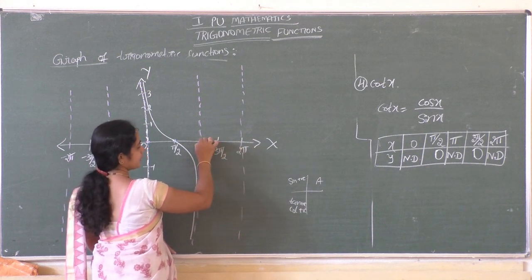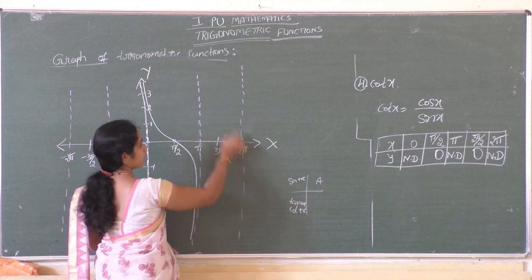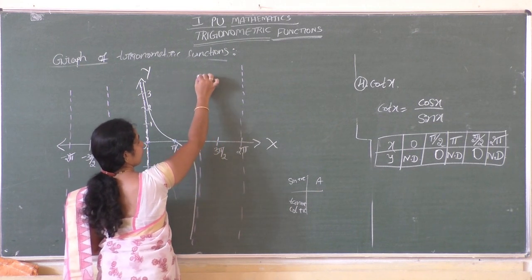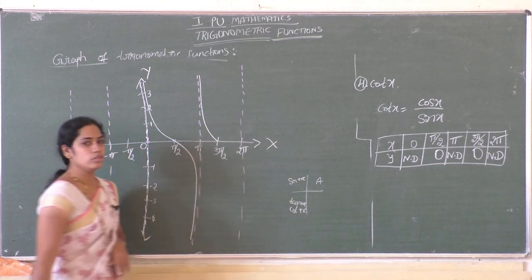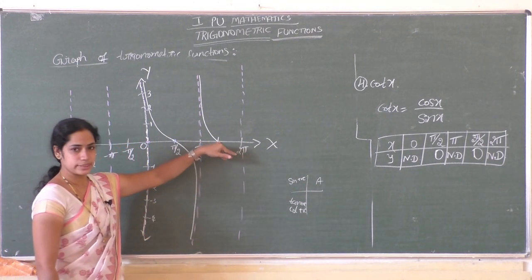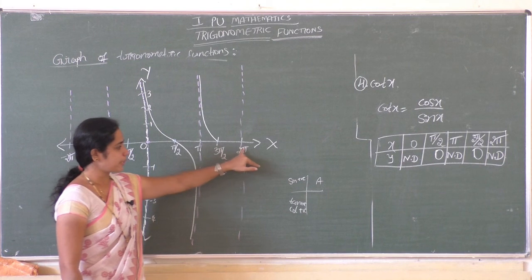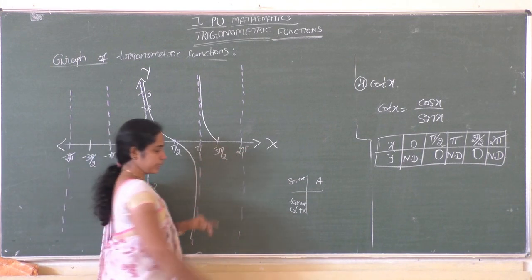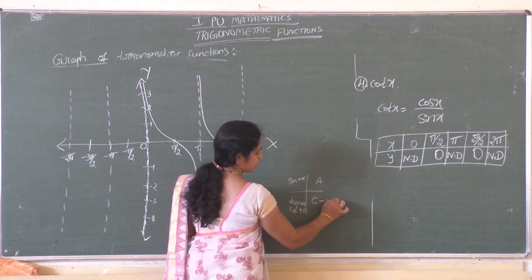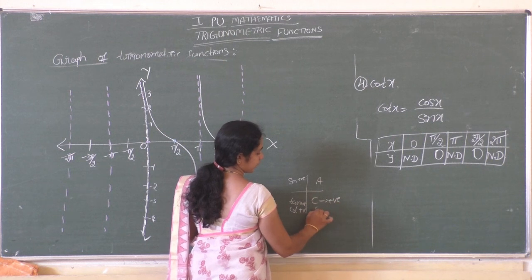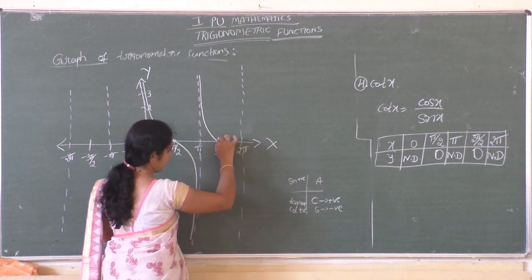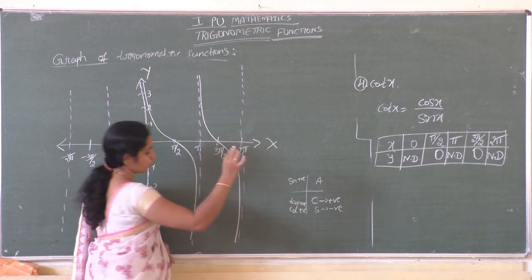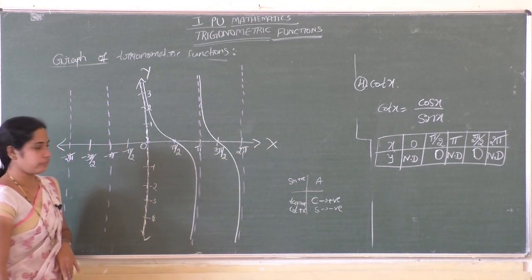For pi it is not defined, positive, so it should be above, so infinity to 0 at 3 pi by 2. Then 3 pi by 2 to 2 pi, the fourth quadrant: cos is positive and sin is negative, so cot is negative, and it goes from 0 to minus infinity.